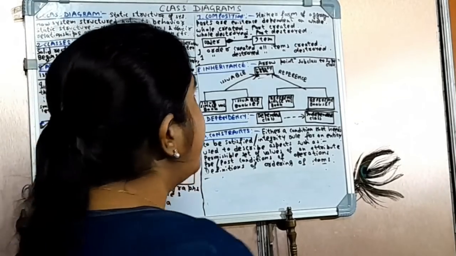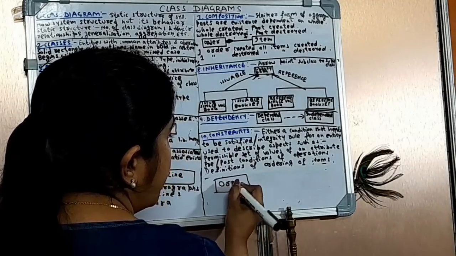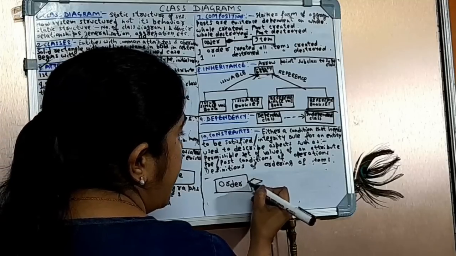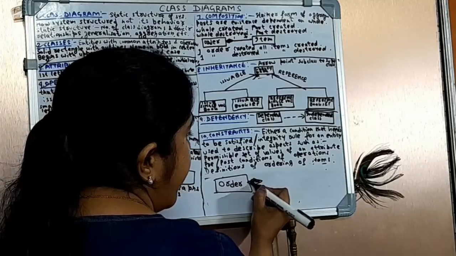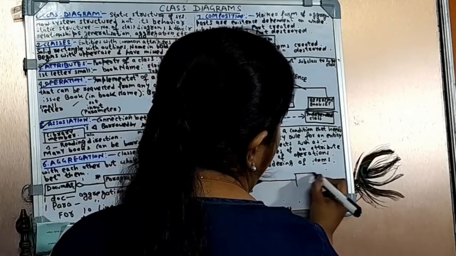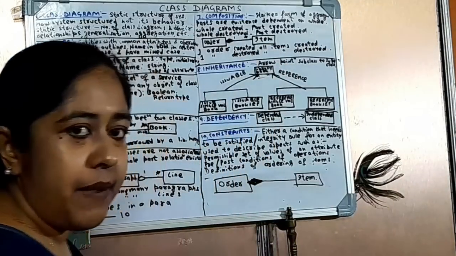Like when I am talking about a particular order, suppose you are doing some online shopping and you are giving a particular order. Now in that case, when you are giving an order of some items, what do we give in the order? Some items.